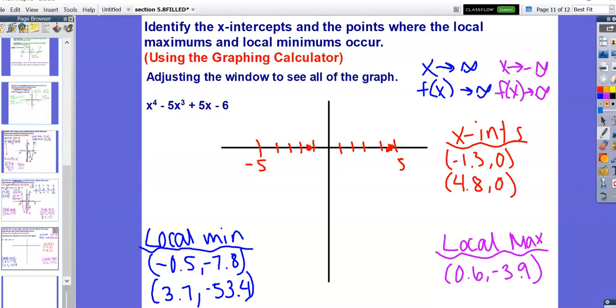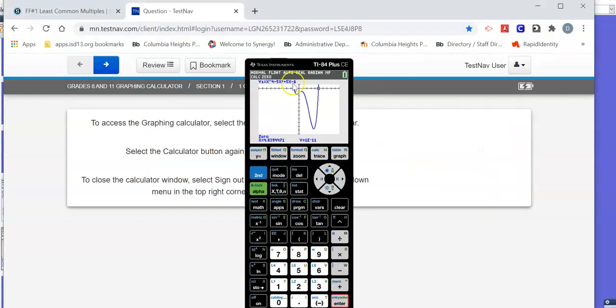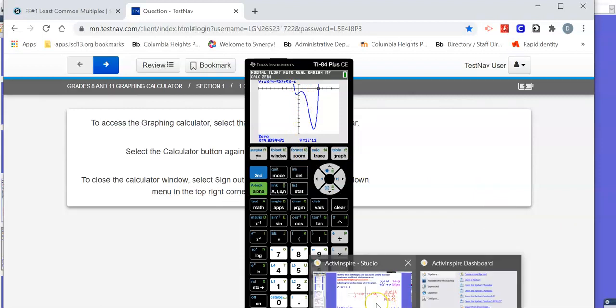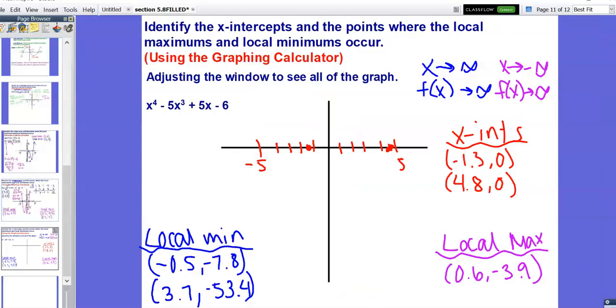I, on this graph, chose a scale of 5, and I went all the way down to -60. So I'm counting -5, -10, -15, -20, all the way down to -60. So I'm going to put that same thing on our graph.